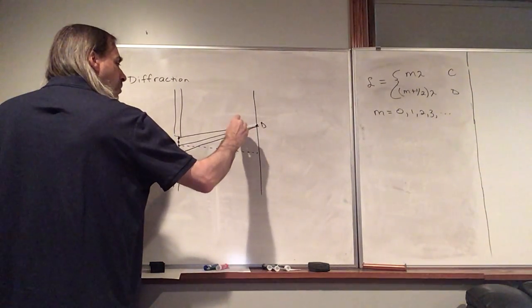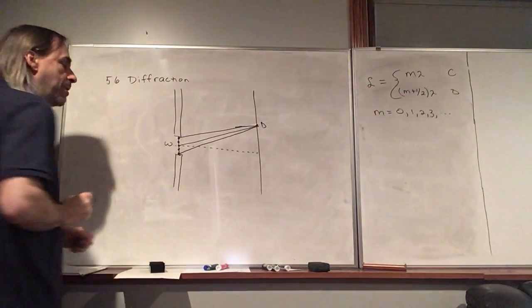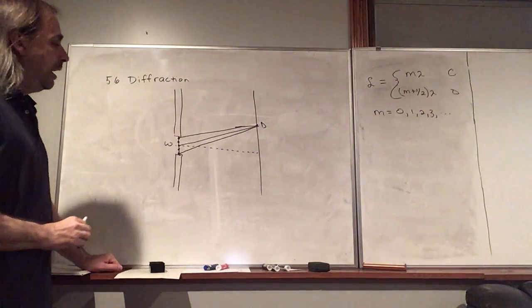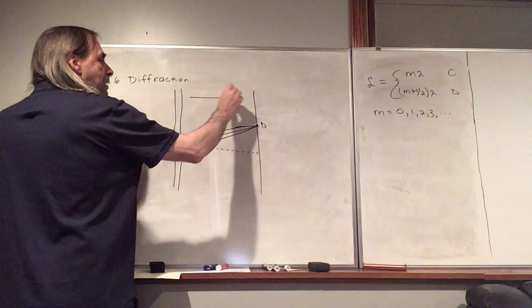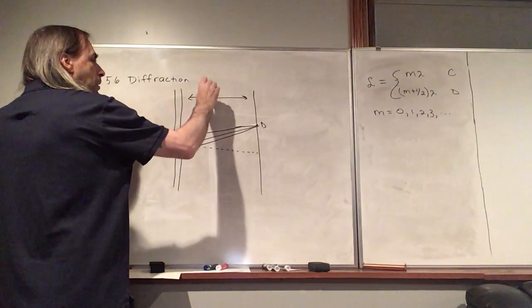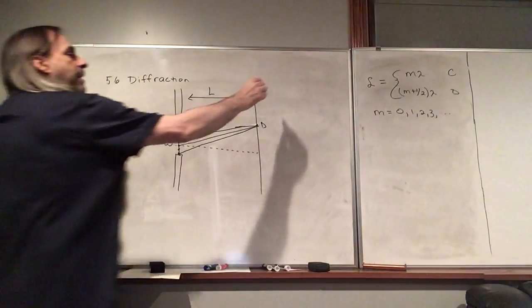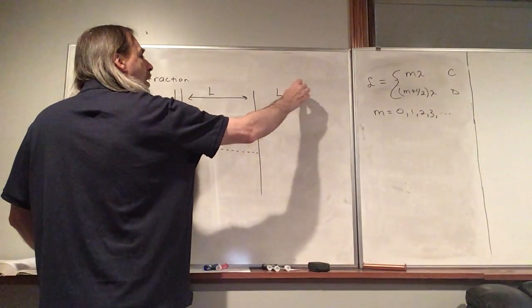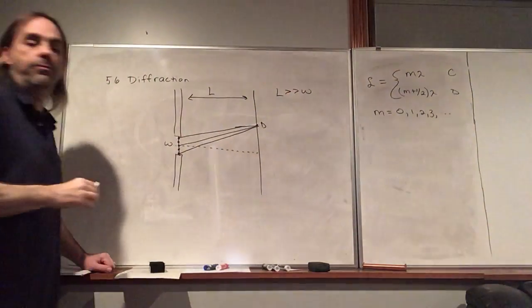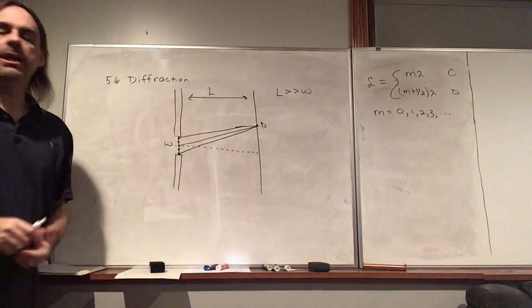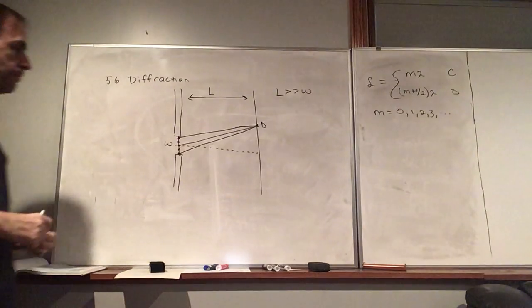We're going to compare rays from both extremes, the top and bottom, that are meeting at point D. And again, we're going to assume that the distance between the barrier and our screen is L, and that L is significantly greater than W. The reason is we can consider these rays to be nearly parallel.